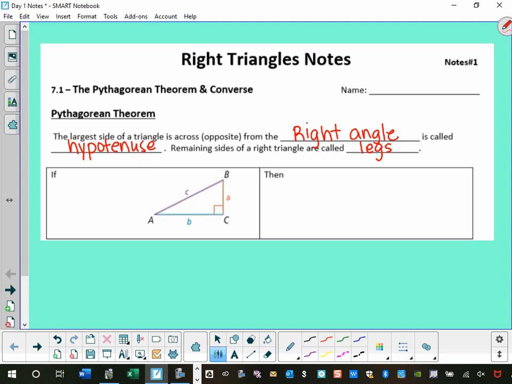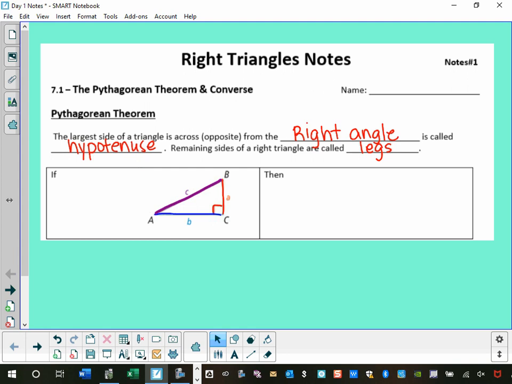So if you look at this picture, you can see this right triangle there. A is like our short leg. B in this picture is our long leg. And C is our hypotenuse. What you need to know is that when we do our equations, A and B don't matter.